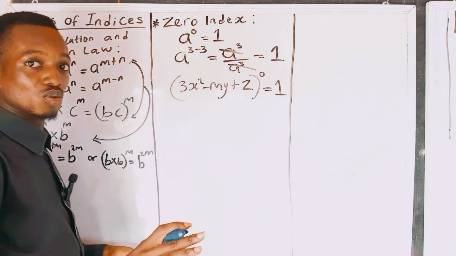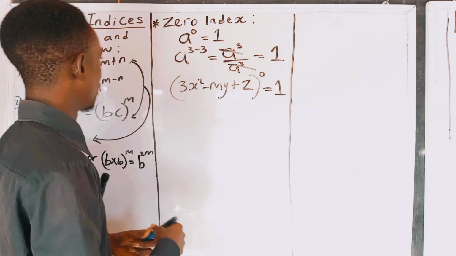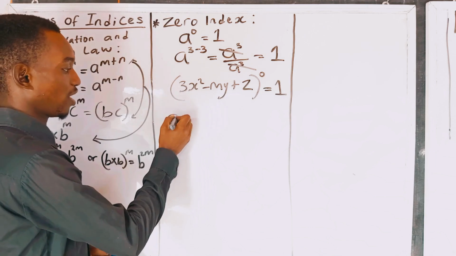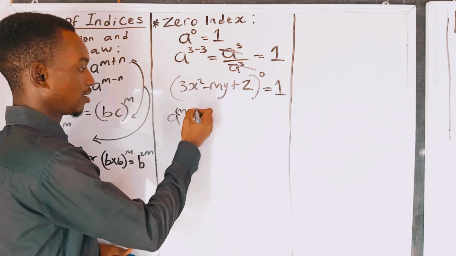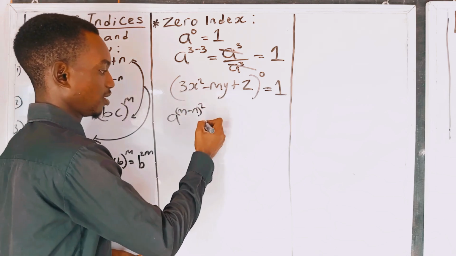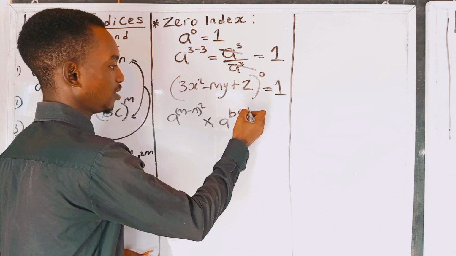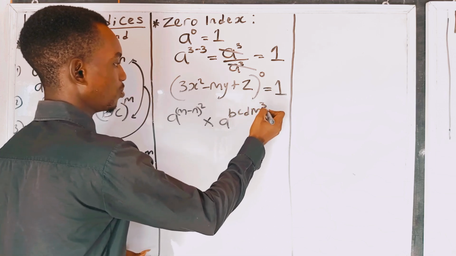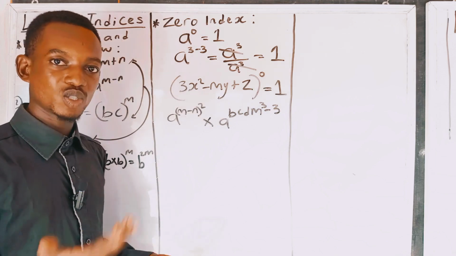And also these laws here we have evaluated. I'm trying to go through all the corners that WAEC or NECO might pass through. So even this one, we might have a to the power of (m minus n) all squared, let's say, times a to the power of, let's say, (bcd m cube minus 3), whatever. You know the way JAMB and others can manipulate questions.